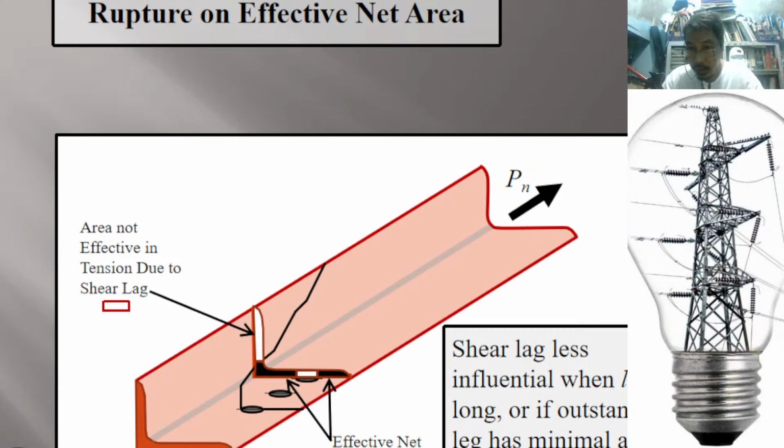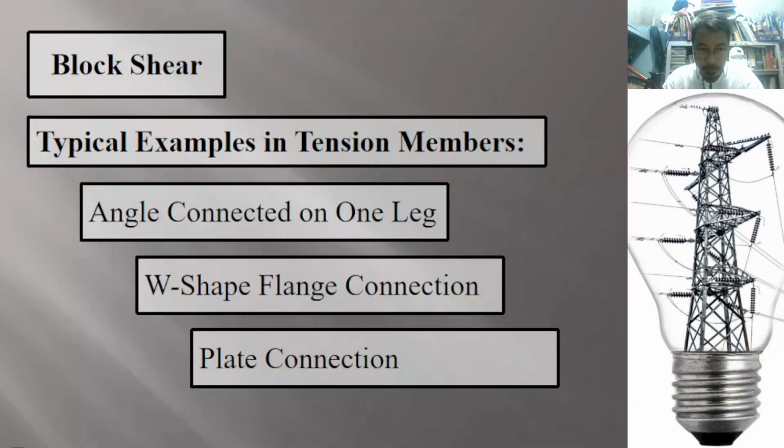As you can see, the bolts would be placed in the holes. In the figure, there are 3 holes, and those 3 holes are aligned on one side of the leg. So it is a one-leg angle connected member.